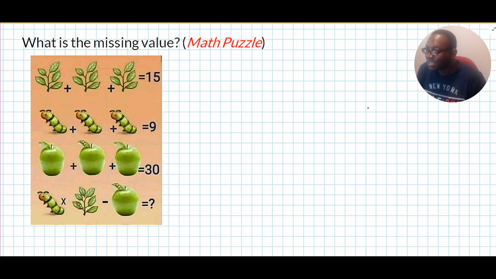Yeah, what is the value? It's going to be a number. What's the number that represents the missing value? Yeah, you're on the right track.